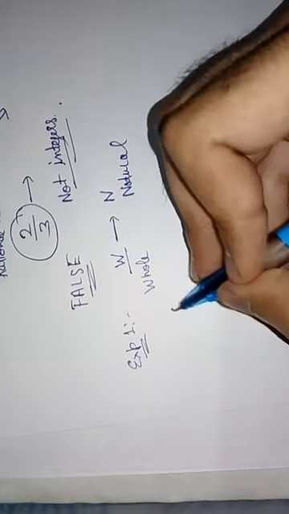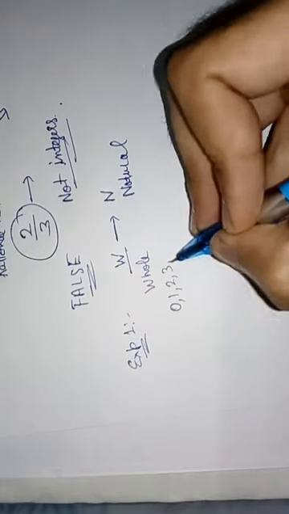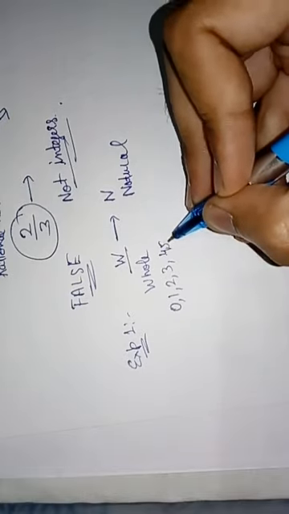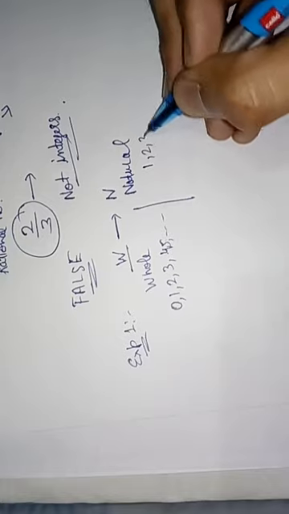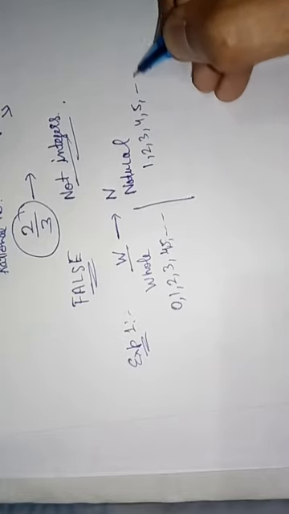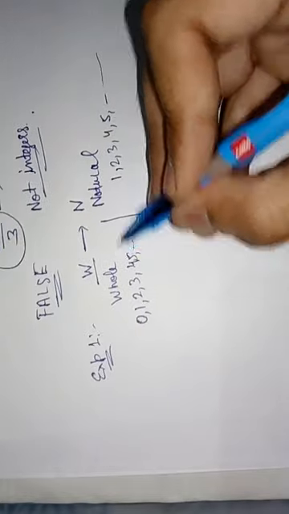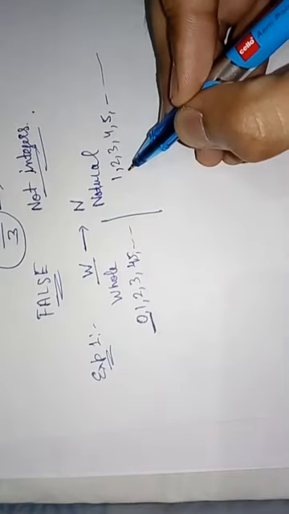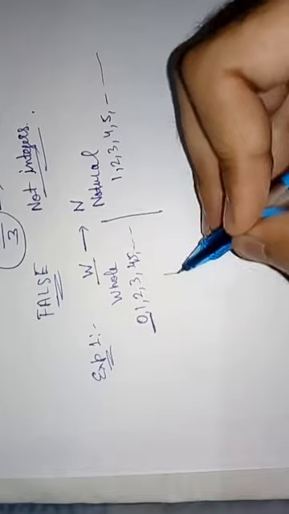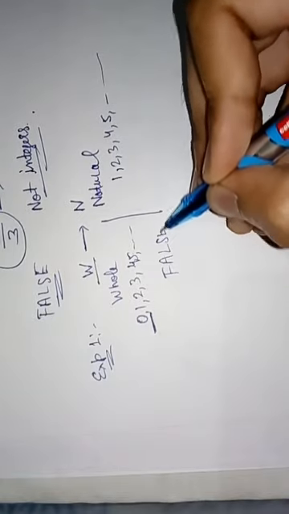No. Why? Because whole numbers start from 0, 1, 2, 3, 4, 5 and so on, and natural numbers start from 1, 2, 3, 4, 5, 6 and so on. It means all whole numbers are not natural numbers. Why? Because 0 is not there in the natural numbers. So this statement is false.